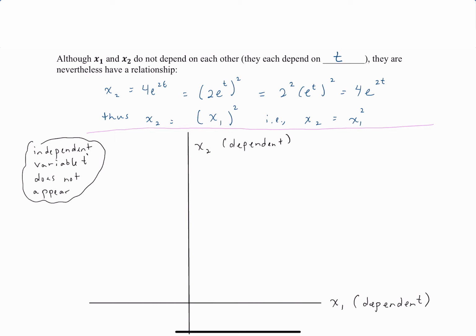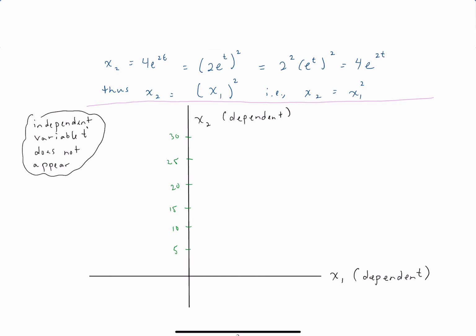So what's this graph going to look like? Well, let's see. I'm going to go up to 30 again. And on the x1 axis, I'm going to go over to about, let's say, 5. Now this is the standard x squared parabola.